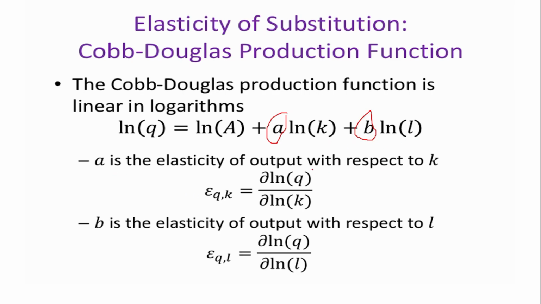But mathematically we can derive it by differentiating this function. That means the partial derivative of ln q with respect to ln K is actually the representation of a. And when we differentiate with respect to L, this simply expresses b.